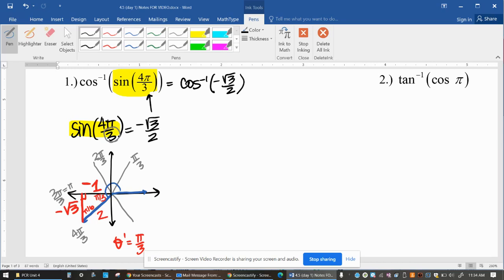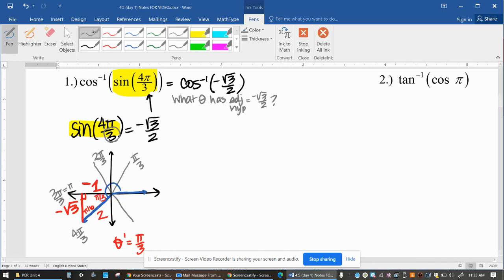So negative root 3 over 2. I hope I didn't say pi. Yikes! Okay, so now we are given the ratio and we need to find the angle, right? Because they're asking what angle, that's cosine inverse: what angle has adjacent over hypotenuse that equals negative root 3 over 2? That's what they're asking us.